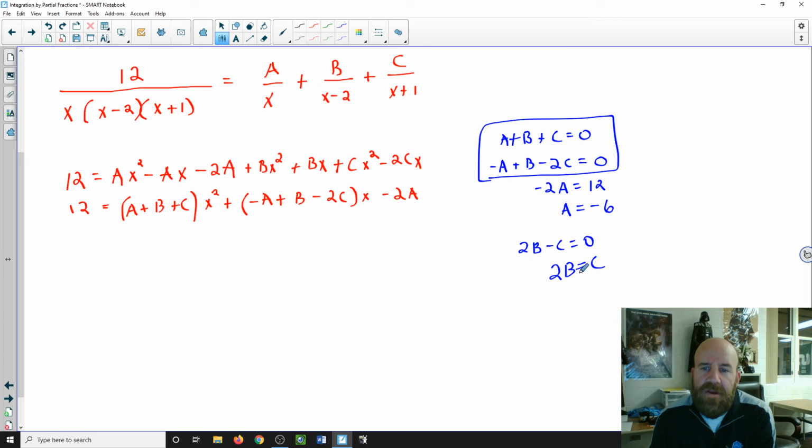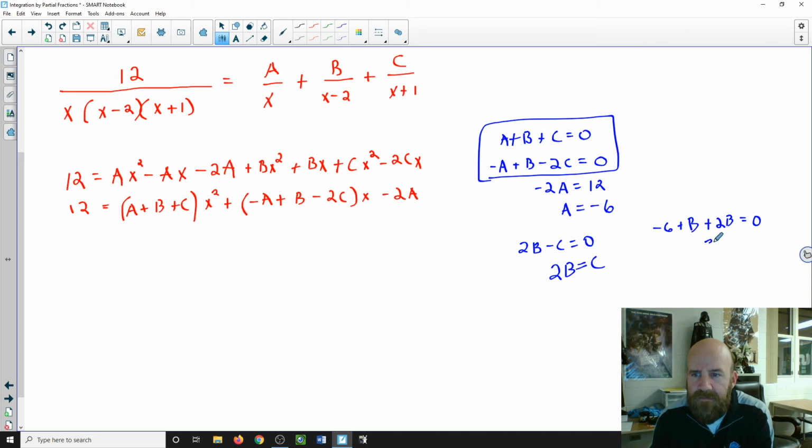And now what I'm going to do is take our c value and our a value, and plug it back into the first equation. So we know a is negative 6. We know b, well, we don't know b. That's what we're trying to find. B, and then our c is 2 times b equals 0.